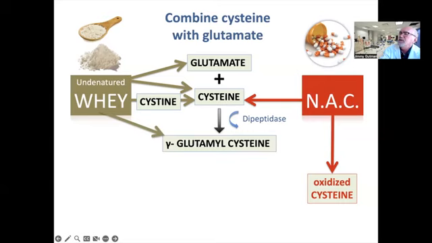So here's an important difference. NAC requires dipeptidase to form gamma-glutamyl-cysteine. If dipeptidase is missing or in short supply, well, undenatured whey protein can directly supply gamma-glutamyl-cysteine. This is a major advantage of whey protein over NAC.